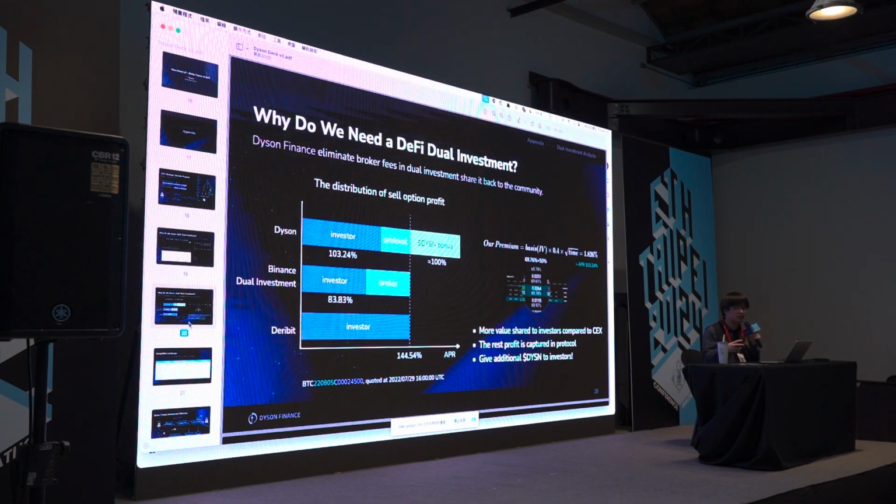And that could be considered as a source of revenue stream, and it could then be used to back the governance token's value. Yeah. And by doing dual investment, users will get Dyson tokens farmed. So by doing so, it is more like a redistribution of potential value that is created by buying an underpriced option from our users.